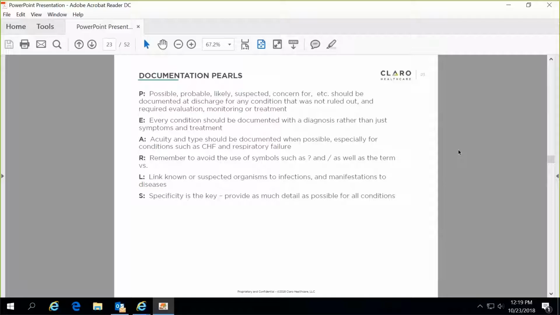Remember to avoid use of symbols as well as versus. Link known or suspected organisms to infections and manifestations to diseases. And then those keys to that specificity, provide as much detail as you can. Here are some examples of the gap, just giving you an example.